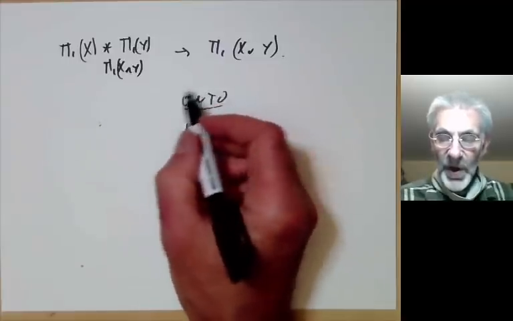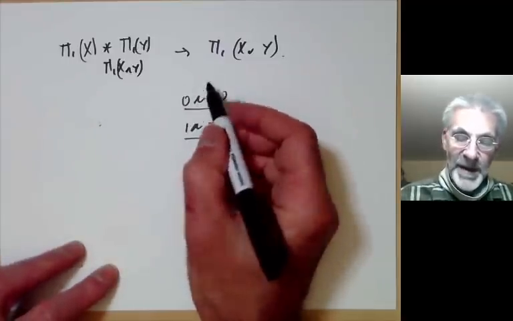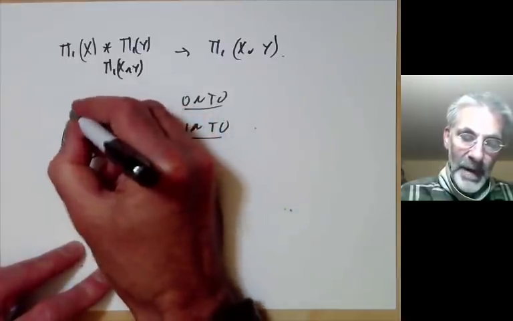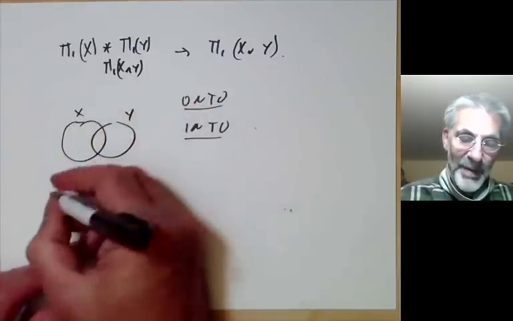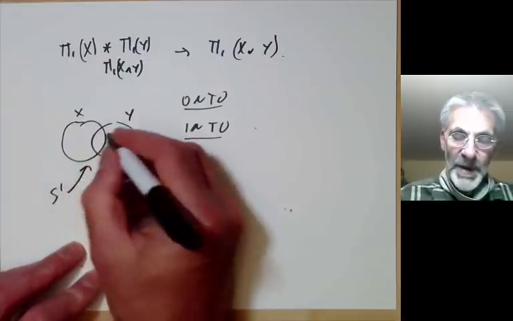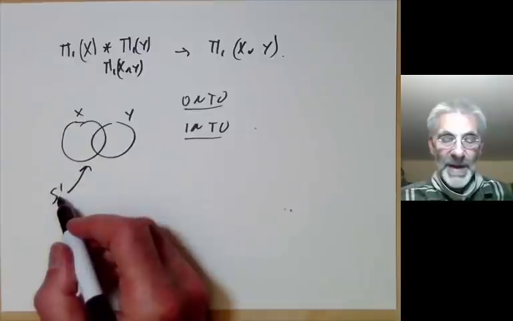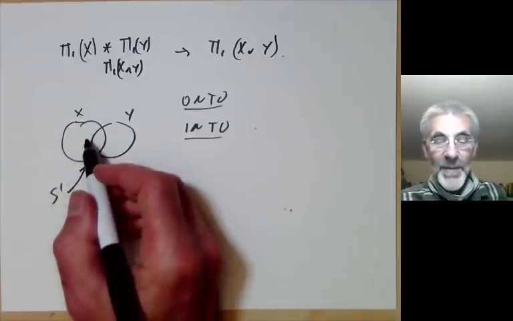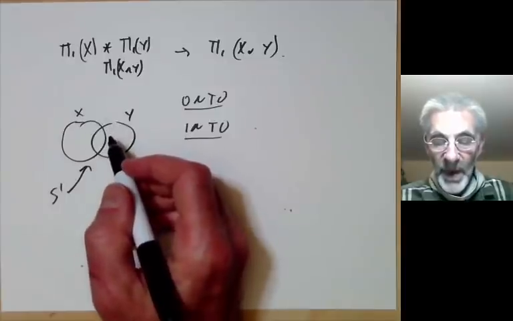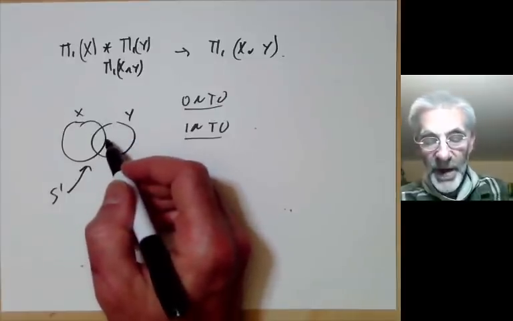Showing it's onto is rather easier, because you notice that X and Y are both open. So if you've got a map from S1 to X union Y, it means every point of S1 has a neighbourhood whose image lies either in X or in Y, because X and Y are open.